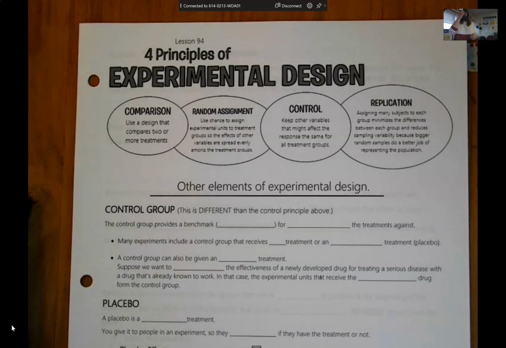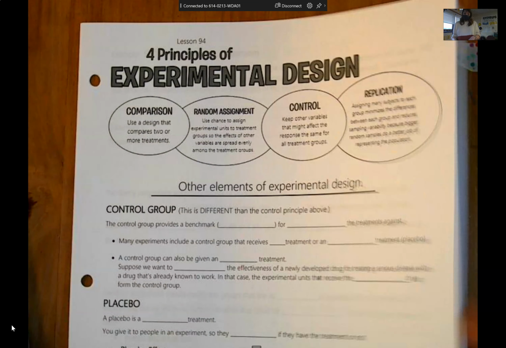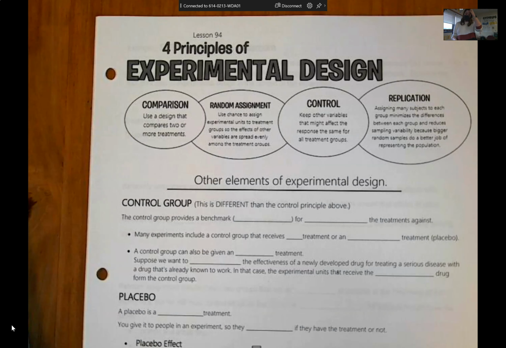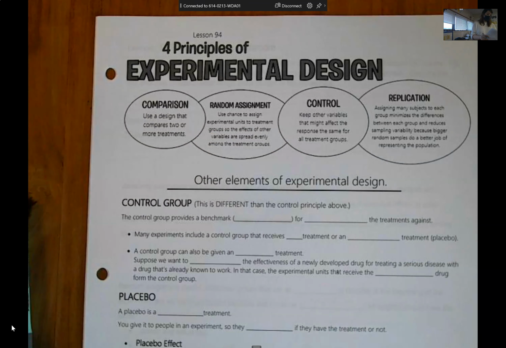So a couple of other things that we need to be aware of as we discuss these 4 elements of design. One, in this idea of comparison, we want to have a control group. So comparison and control group are related to each other.